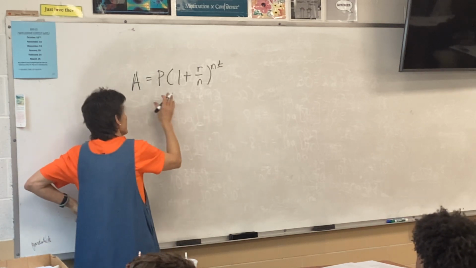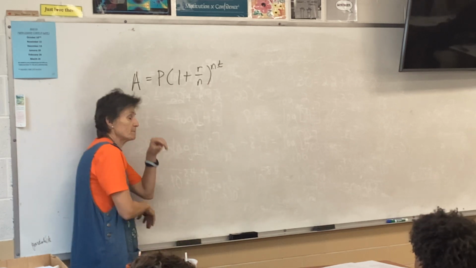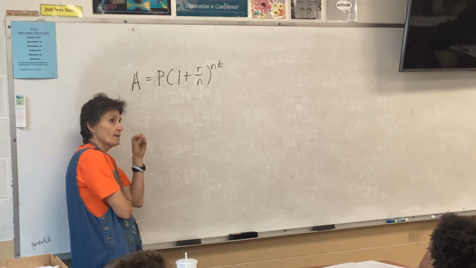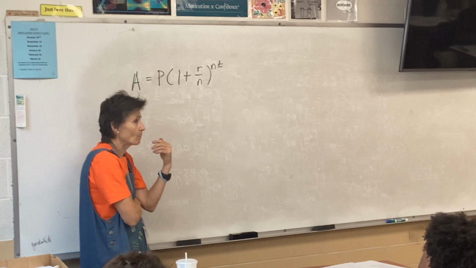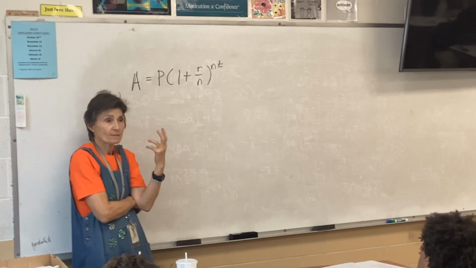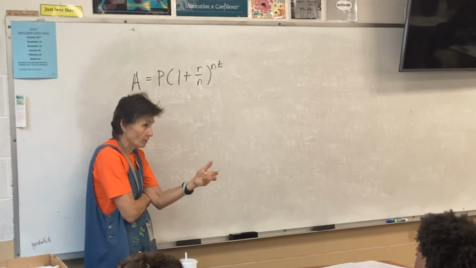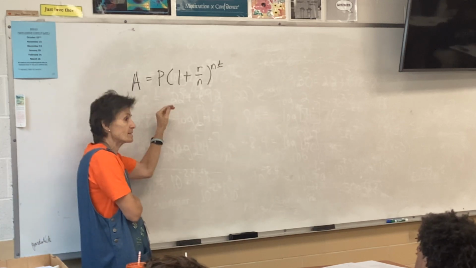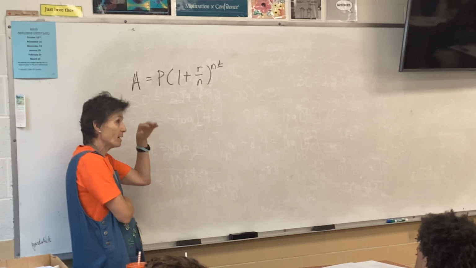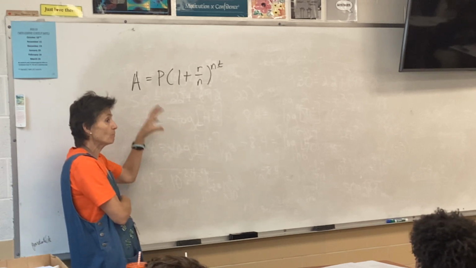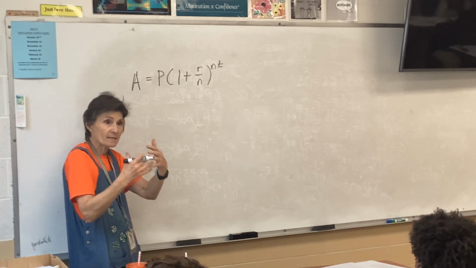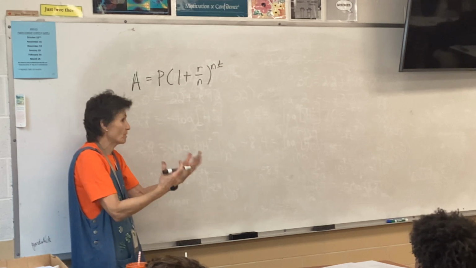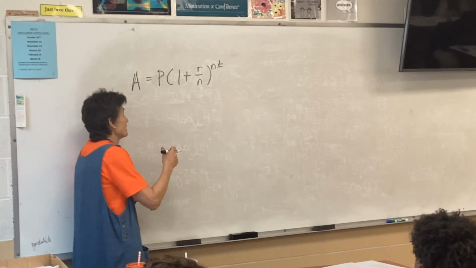We're gonna do some problems here. If we have to figure out how much money's in the account after 3 years, if we compound quarterly, this is your formula. Compound monthly, this is your formula. Compound daily, this is the formula for compounding interest a certain number of times a year, however many that is.